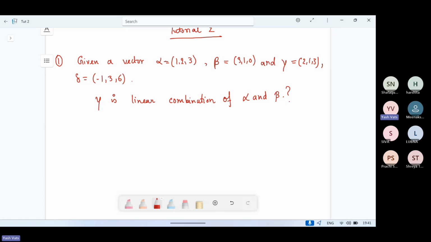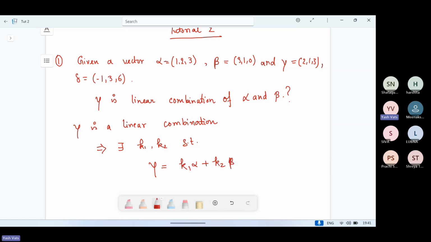Okay. So gamma is a linear combination means there exist k1, k2 such that gamma can be written as k1 alpha plus k2 beta, right?